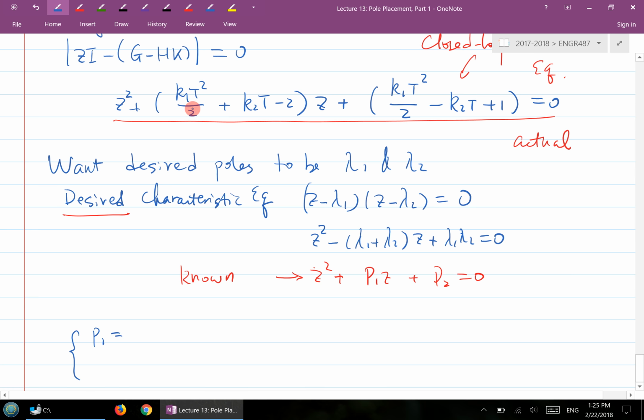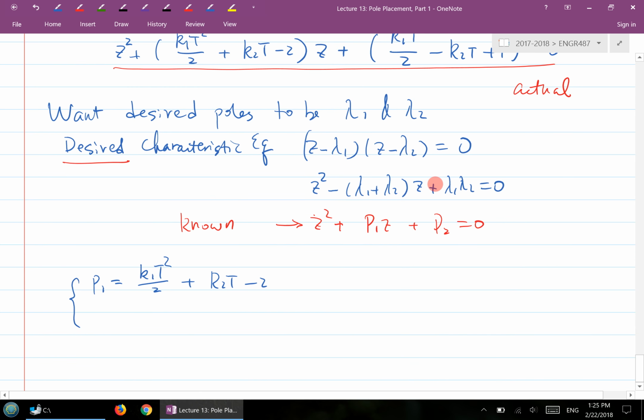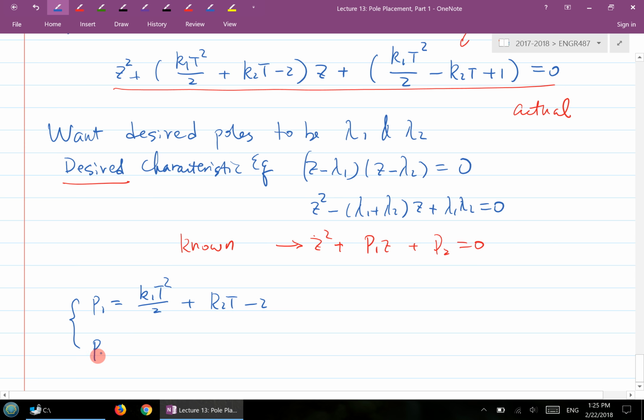So P1 equal to, and then P2 equal to. So P1 and P2 are knowns.